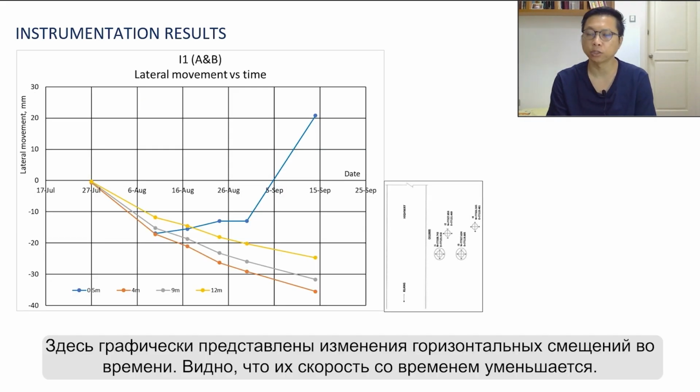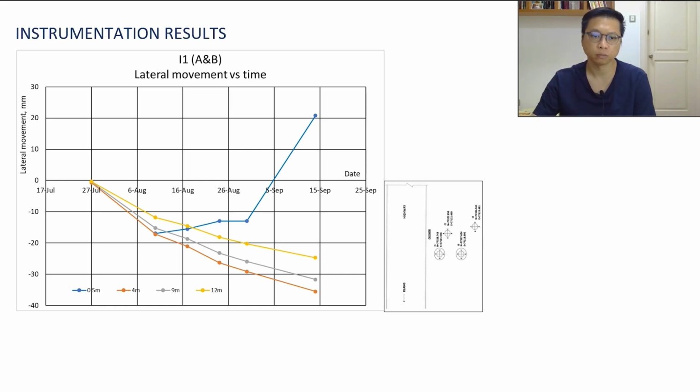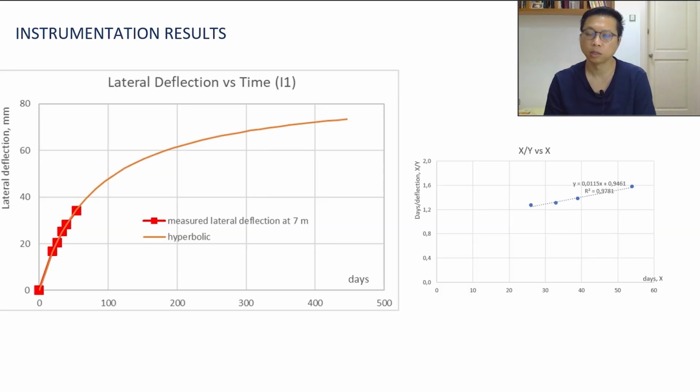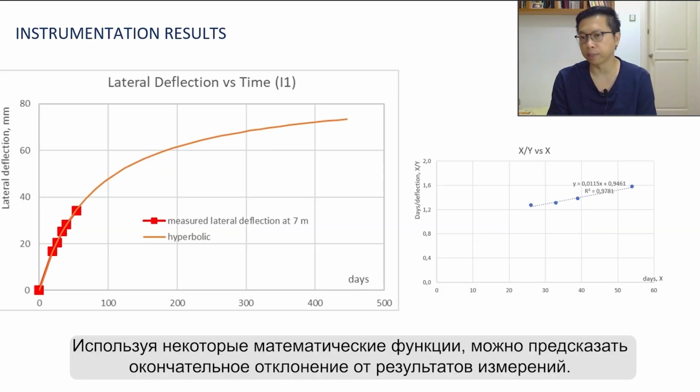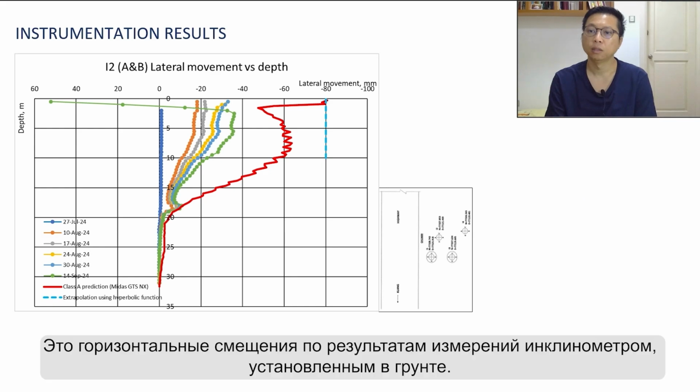The lateral deflection at different levels was plotted against time. You can see that the rate of deflection is tapering off. By using some mathematical function, you can predict the ultimate deflection from the measurement. This is the deflection in the inclinometer installed in the soil.